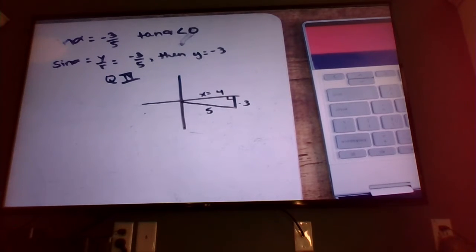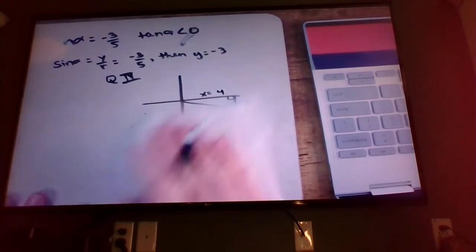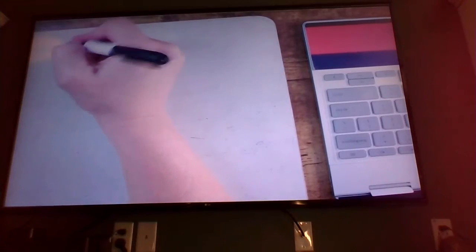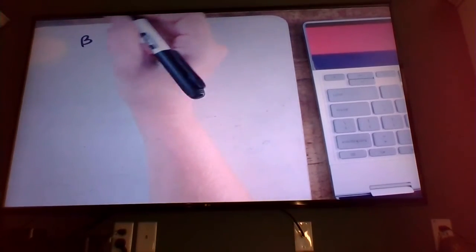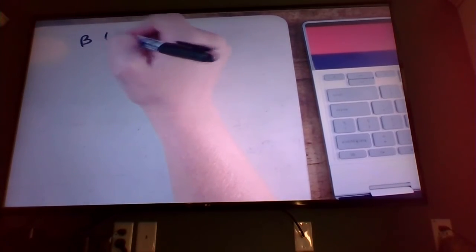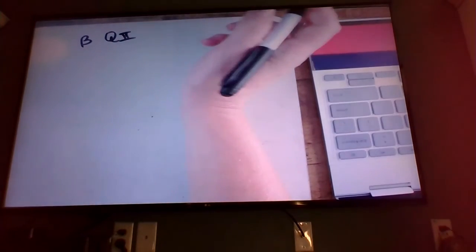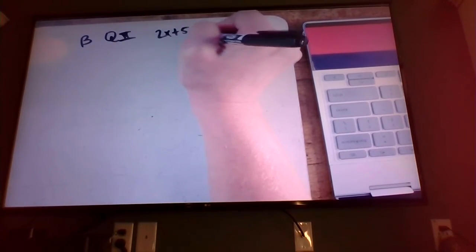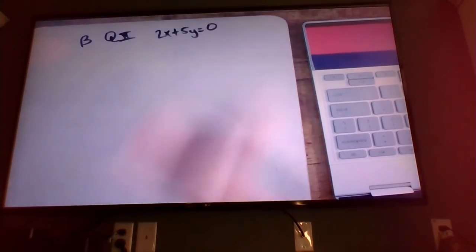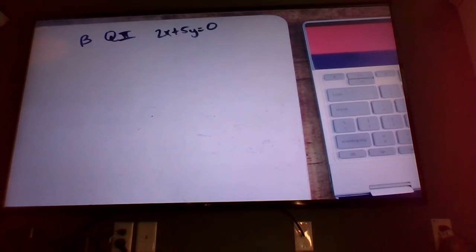You can do the same thing with an actual linear function. Let's say you've got an angle beta, and the terminal side lies in quadrant 3 along the line 2x plus 5y equals 0. We want to order sine, tangent, and cosecant from least to greatest.